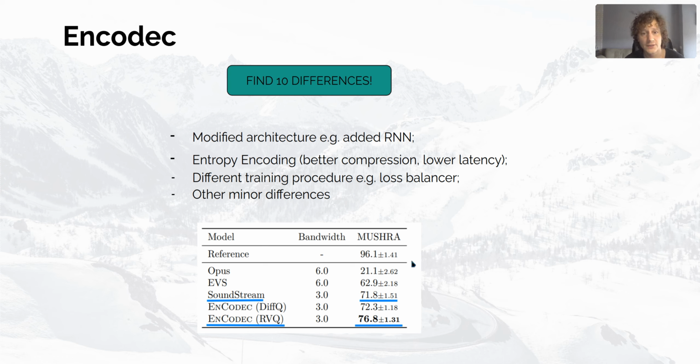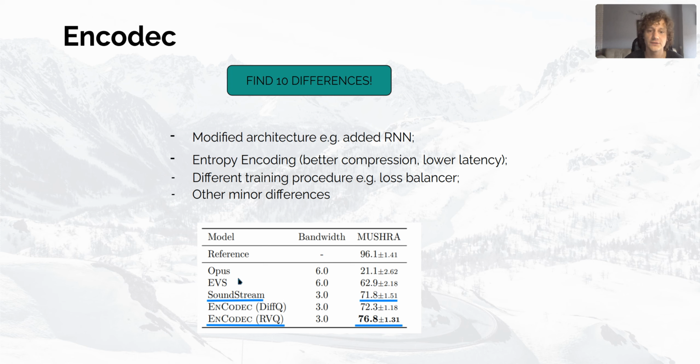Anyway, if you compare the quality of SoundStream and Encodec using the same bandwidth, you see that Encodec is noticeably better than SoundStream. But it's not super different if you compare with Opus or EVS.